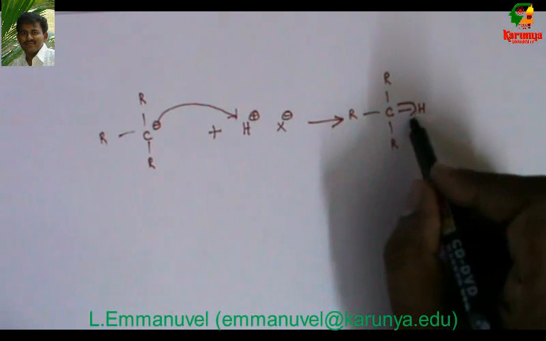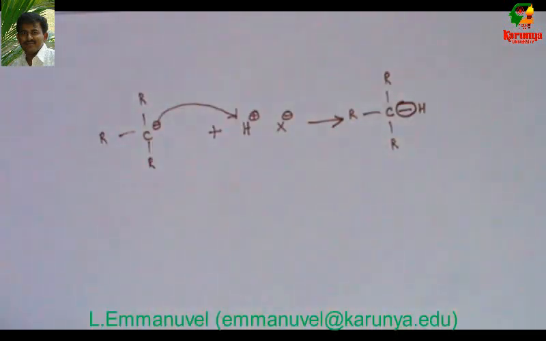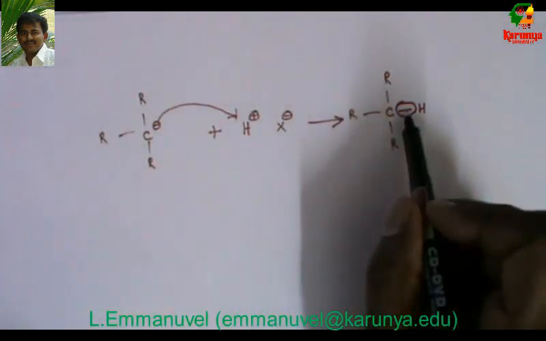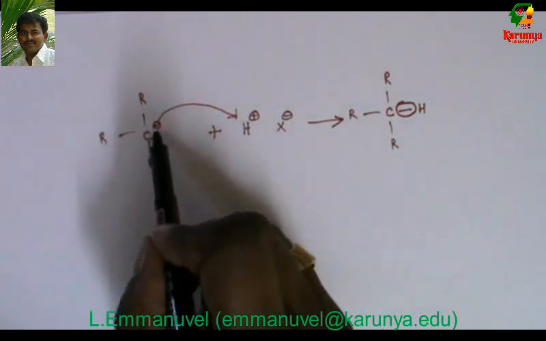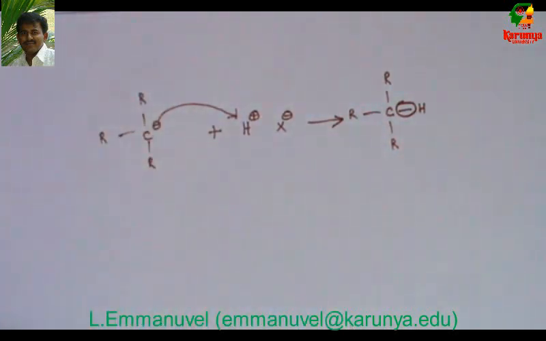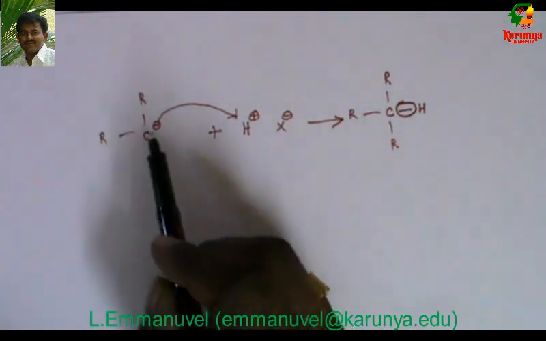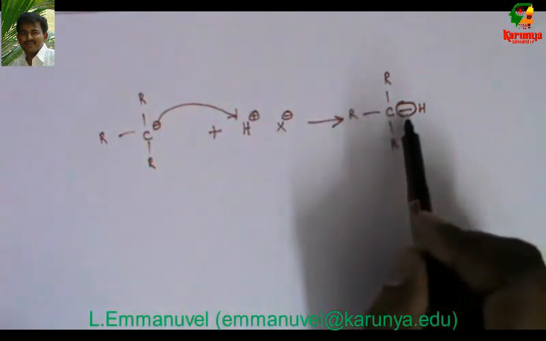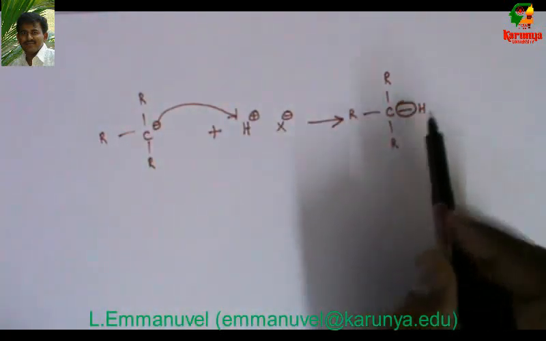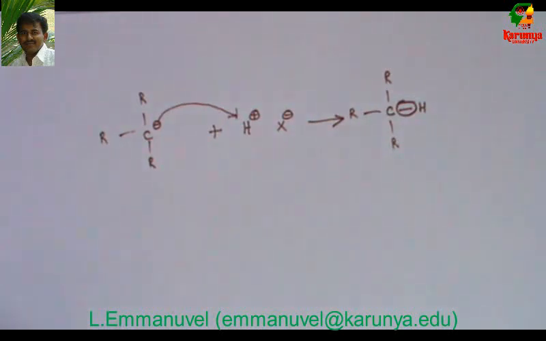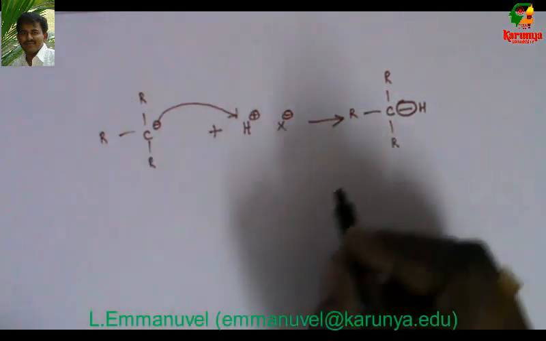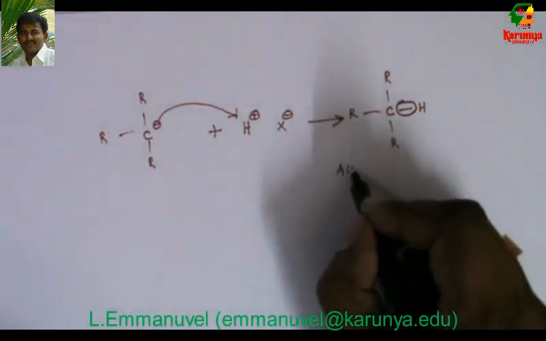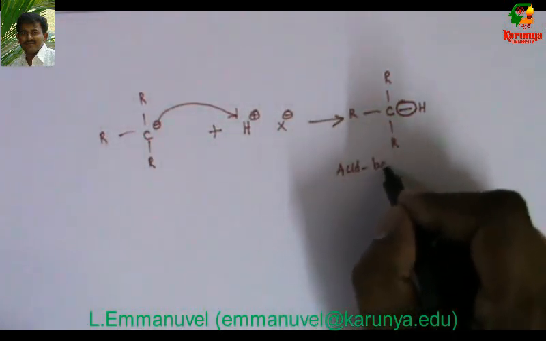this bond is newly formed. It has 2 electrons. Those 2 electrons are present in the minus charge. So that minus charge is used to form a bond between carbon and the electrophile H plus. Basically it is nothing but an acid-base reaction.